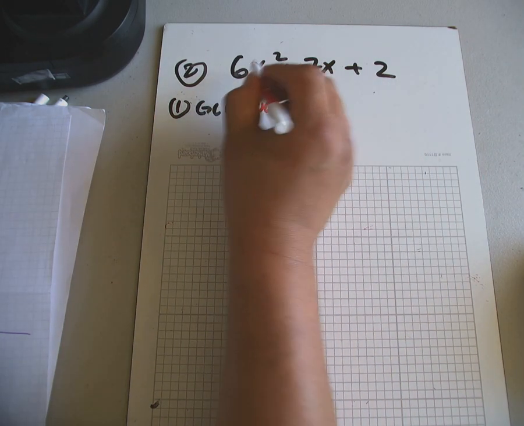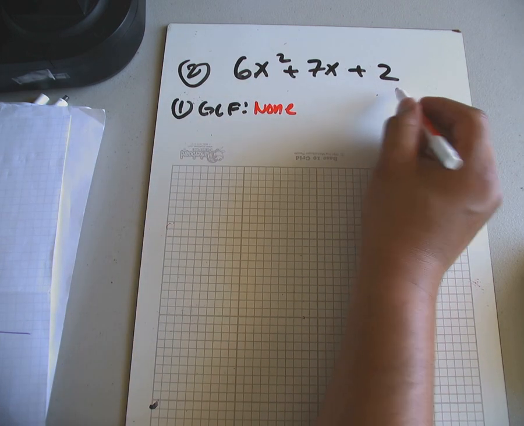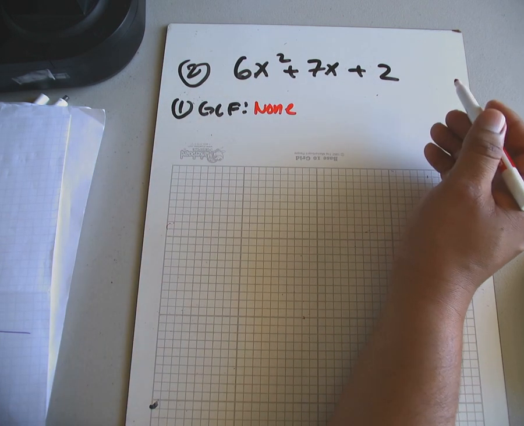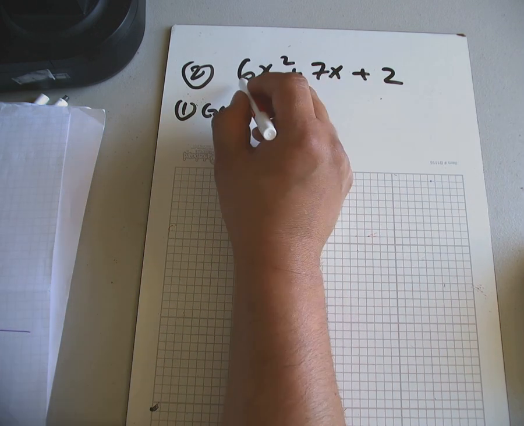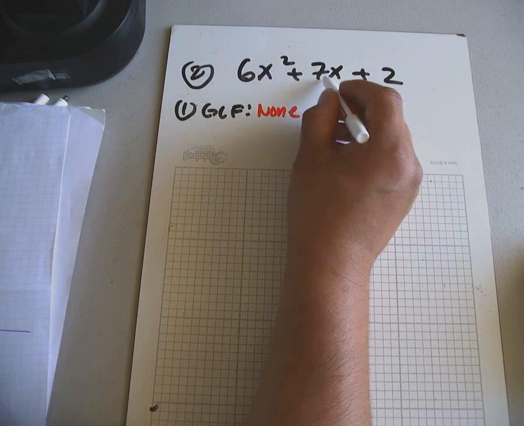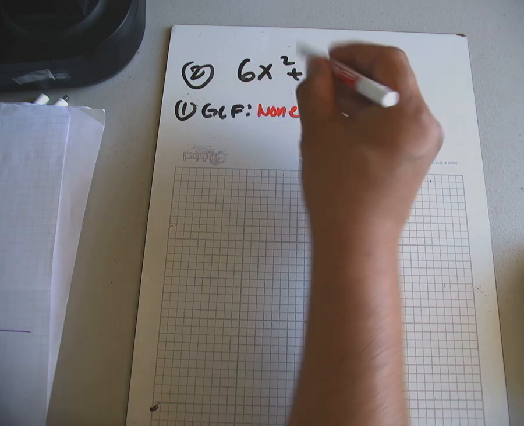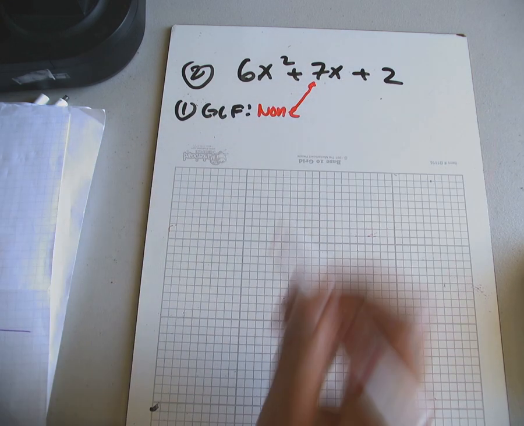Why? Because if I'm trying to divide these numbers by 2, it's not always going to work. It just happens that these numbers are nice, but if you divide this by 2, you're going to get a decimal. So there's none, because of that number.